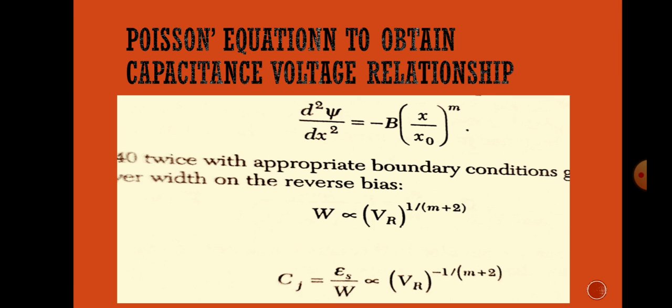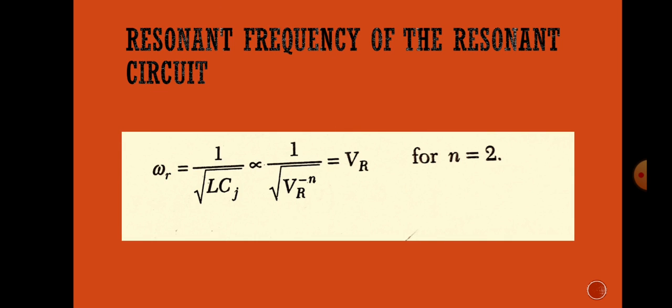If we choose different values of m, we can obtain a wide variety of Cj versus Vr dependencies for specific applications. An interesting example is the case m equal to minus 3 by 2, for which n is equal to 2. When this Varactor is connected to an inductor L in a resonant circuit, the resonant frequency varies linearly with the voltage applied to the Varactor, as shown in this equation.